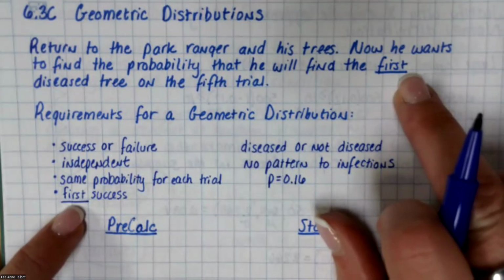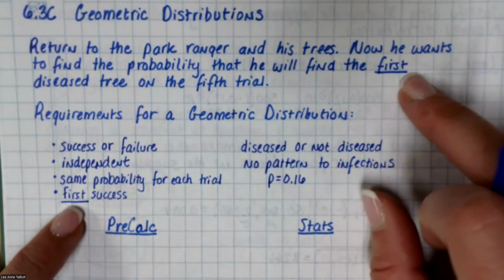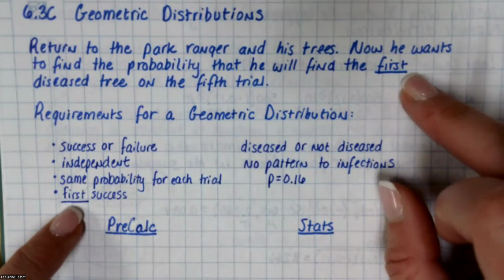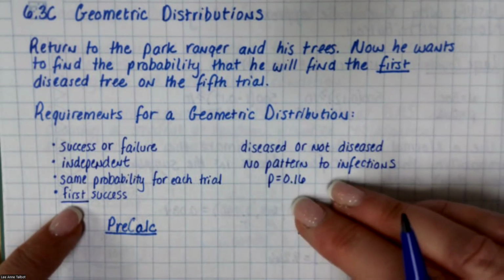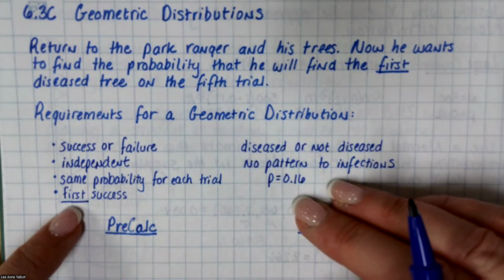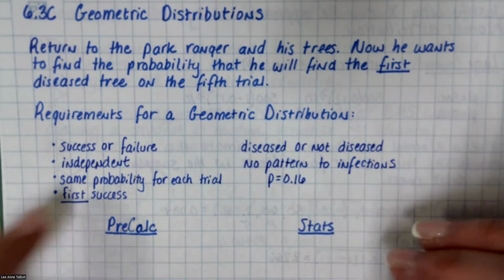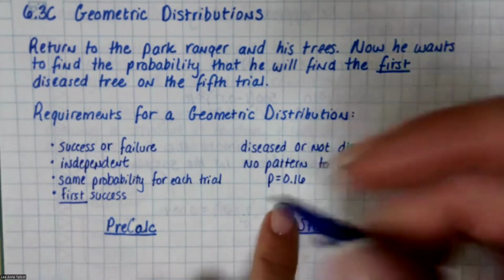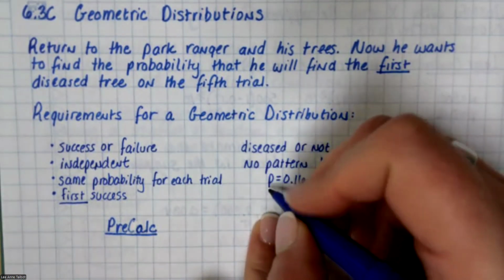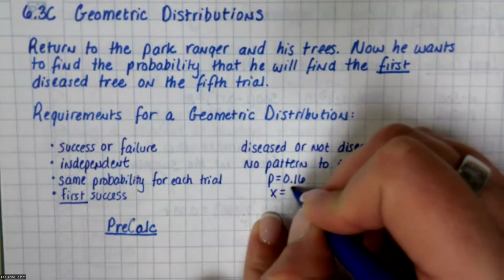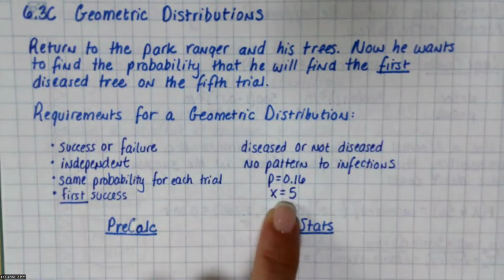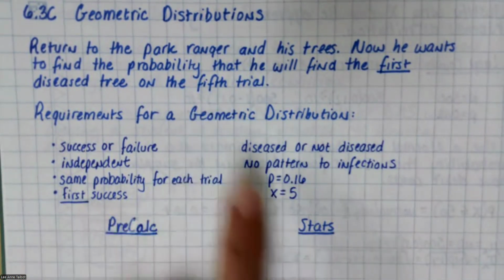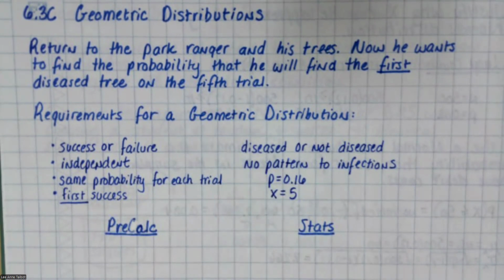This is your clue when reading a question that you're working in geometric and not binomial. In geometric, they only give you 2 things, and in binomial, they give you 3. In this case, we're looking for the first success on the 5th trial. It says 5th right there, so I write x equals 5.